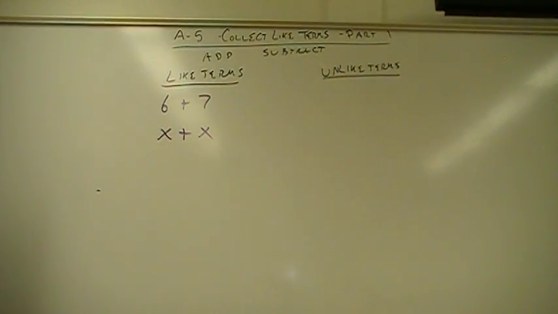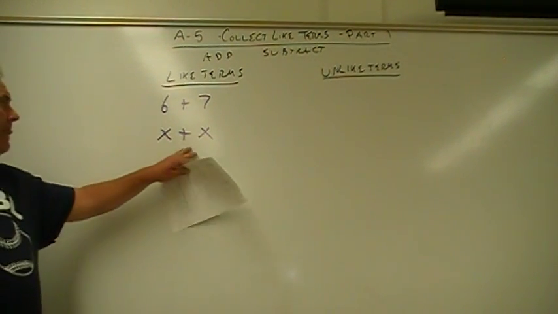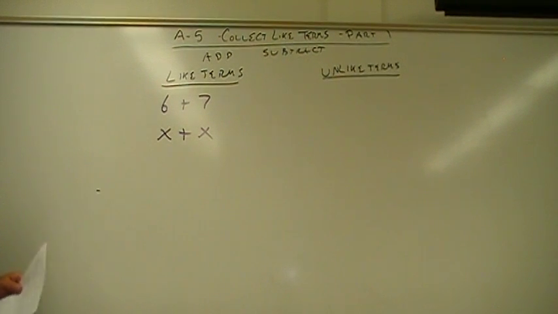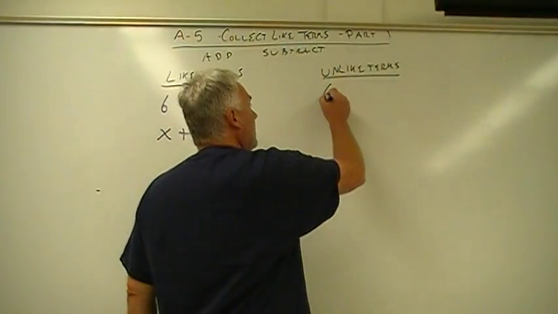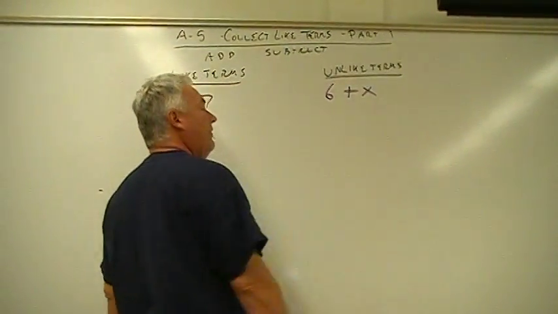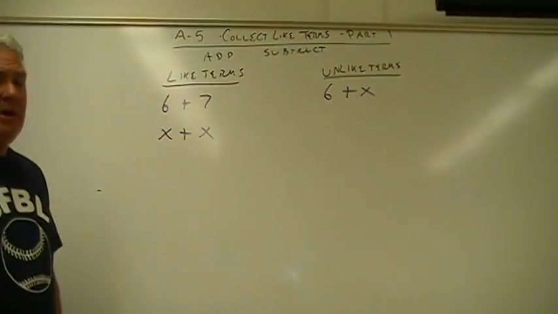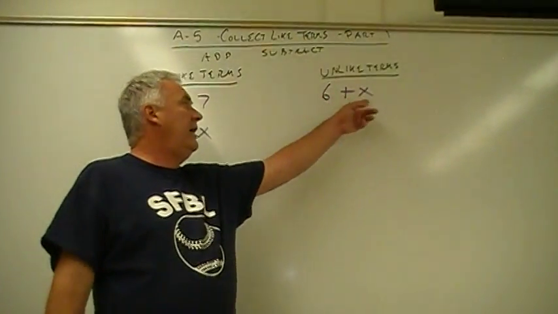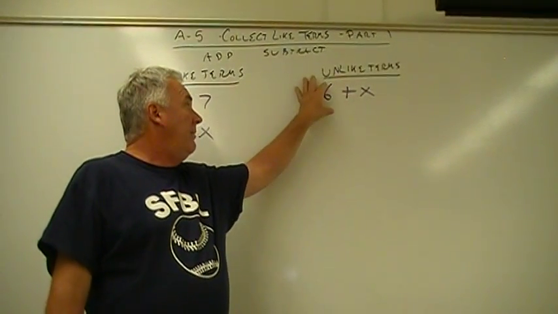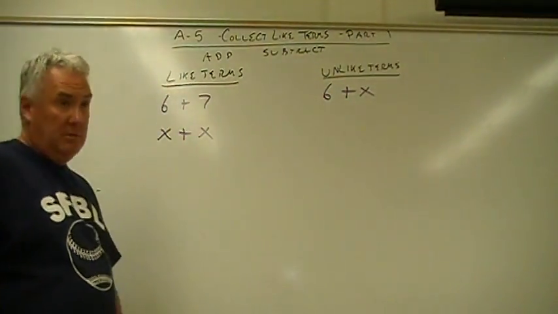X and x are like terms. And I'm going to now throw one over to unlike terms. If we have 6 plus x, those two terms are unlike. They're not the same. Number and a variable.